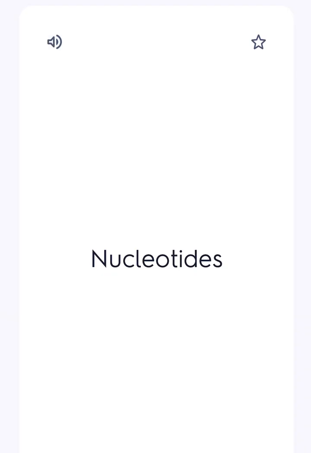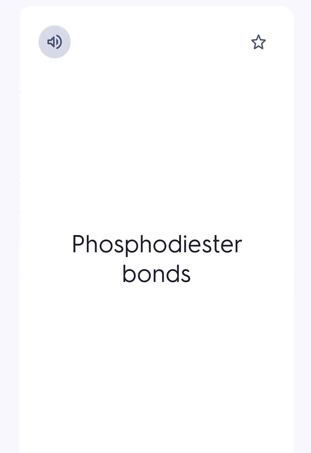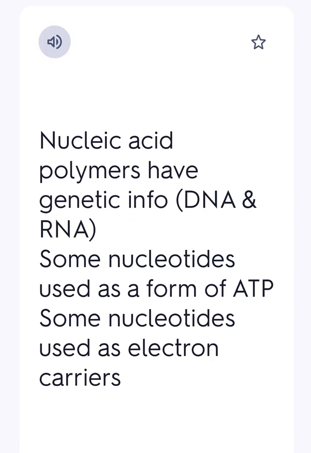Nucleic acids, what is the subunit? Nucleotides. What type of bond holds it together? Phosphodiester bonds. What does it do? Nucleic acid polymers have genetic info.